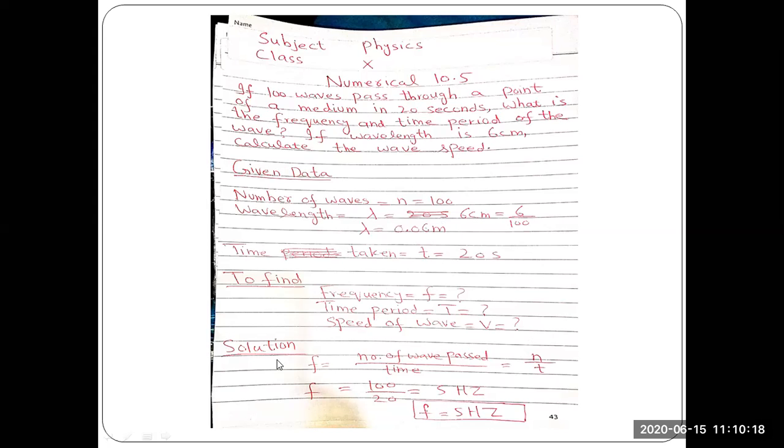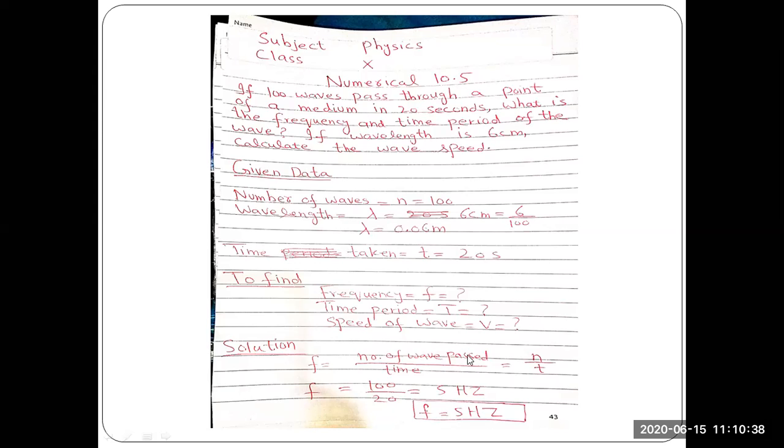I will use the formula for frequency. Frequency is denoted with a small f, equal to the number of waves passed divided by time. Number of waves is denoted with small n and time is small t. So I am just putting the values.